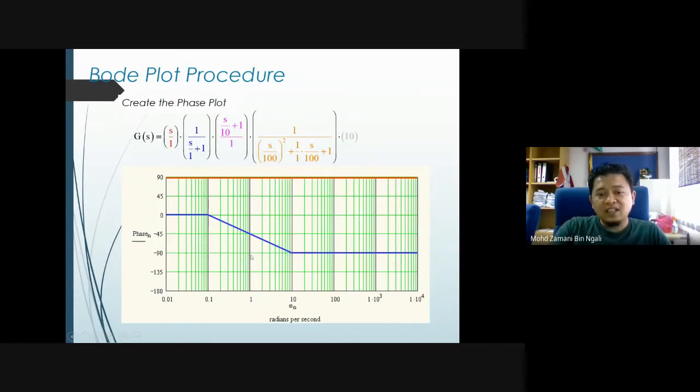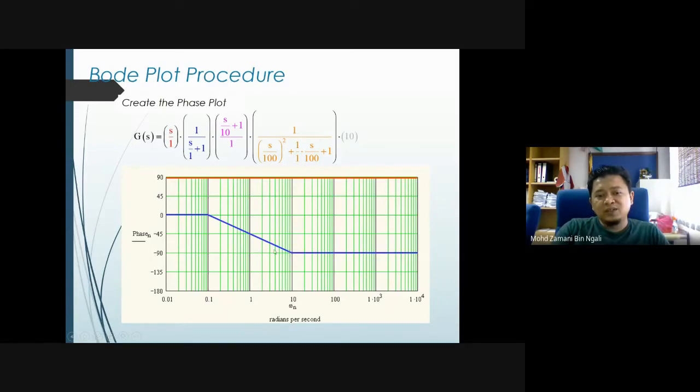It starts 1 decade before 1 and it ends 1 decade after 1. Since here is s over 1 in the denominator, the slope is negative. It starts 1 decade before, it stops 1 decade after.